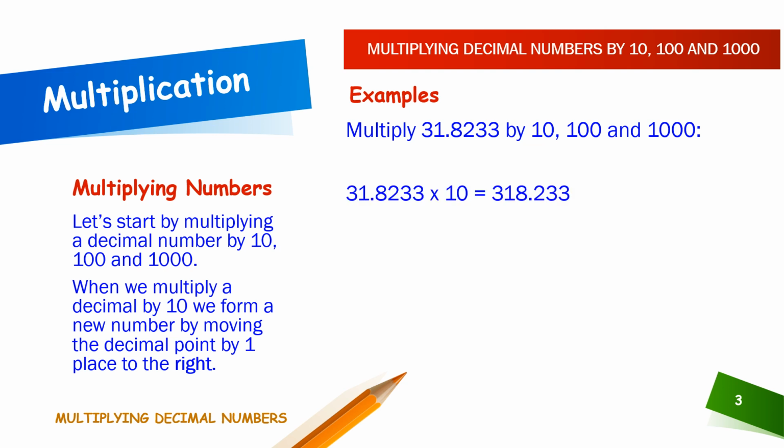So if we multiply 31.8233 by 10, we get 318.233, the same digits with the decimal place shifted one place to the right.